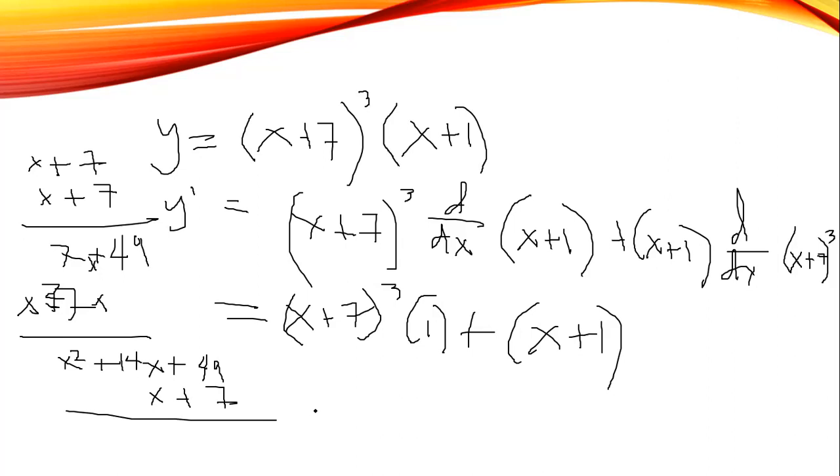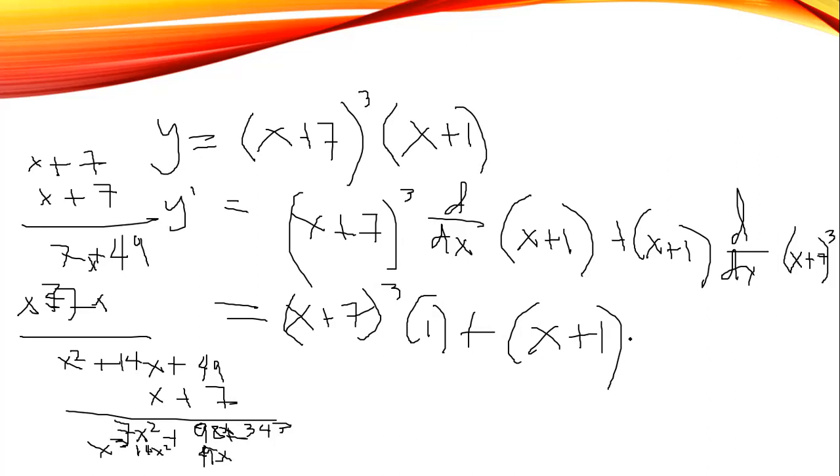So now, what is 49 multiplied by 7? That is equal to 343. And then 7 multiplied by 14x is equal to 98x, plus 7x squared, and then 49x, 14x squared, and then x cubed.